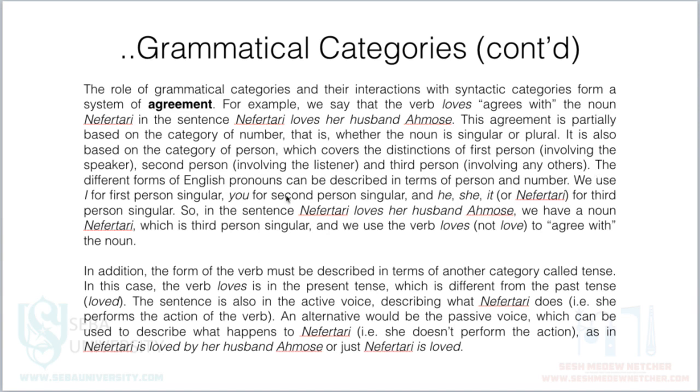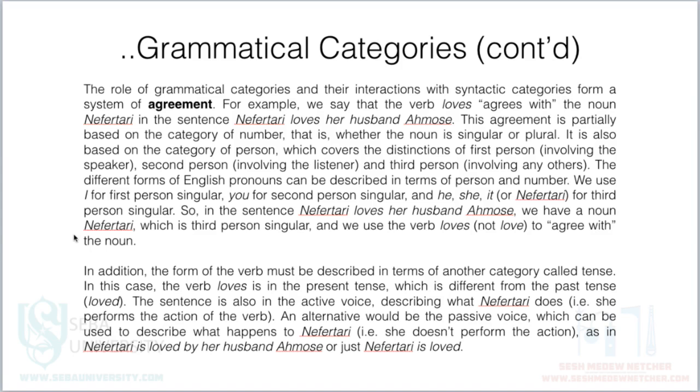The different forms of English pronouns can be described in terms of person and number. We use I for the first person singular, you for second person singular, and he, she, it or even Nefertari for third person singular. So in the sentence, Nefertari loves her husband Ahmos, we have a noun, Nefertari, which is third person singular.